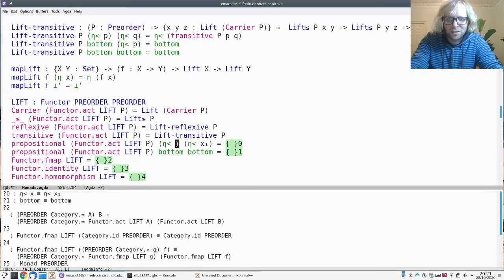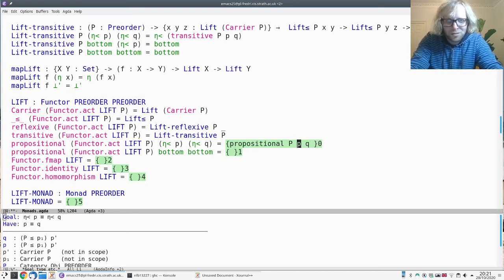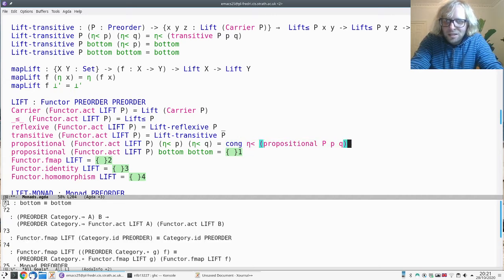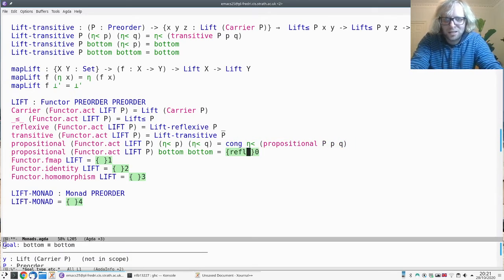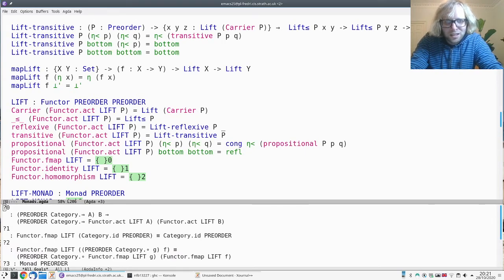Well, they could either both be inclusions of the other preorder, in which case we know that that one is propositional. So that shows that P equals Q, so if you use a con of eta less than, that should take care of that. Otherwise we know that they are both bottom, in which case they are of course equal. So that was okay.